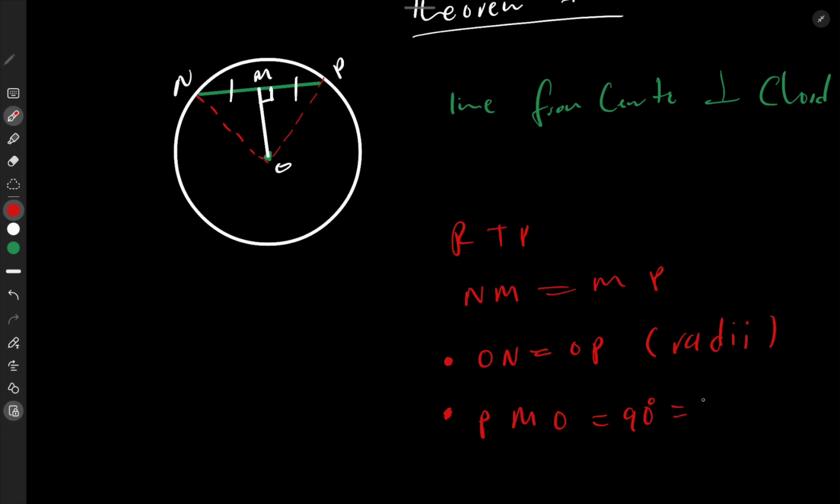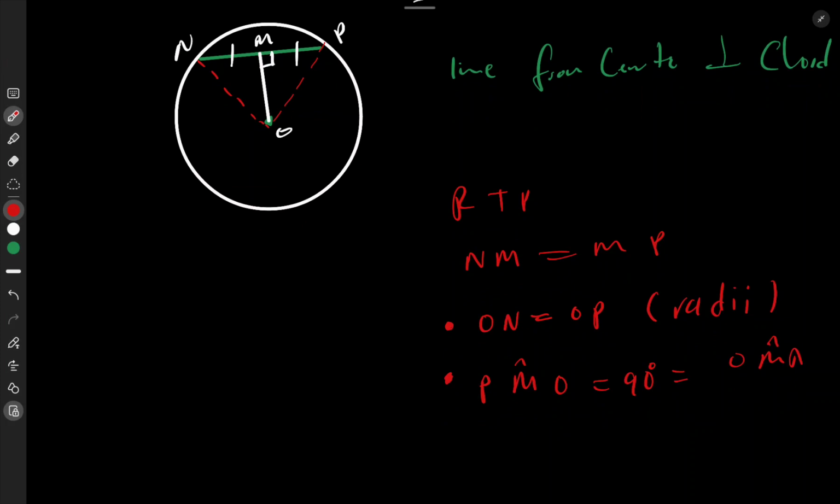It's also equal to angle OMN. They normally put a hat on the middle of where the angle is. Okay, that's good. And we can also state another fact, that OM is a common side. Given that, now we have 3 reasons.